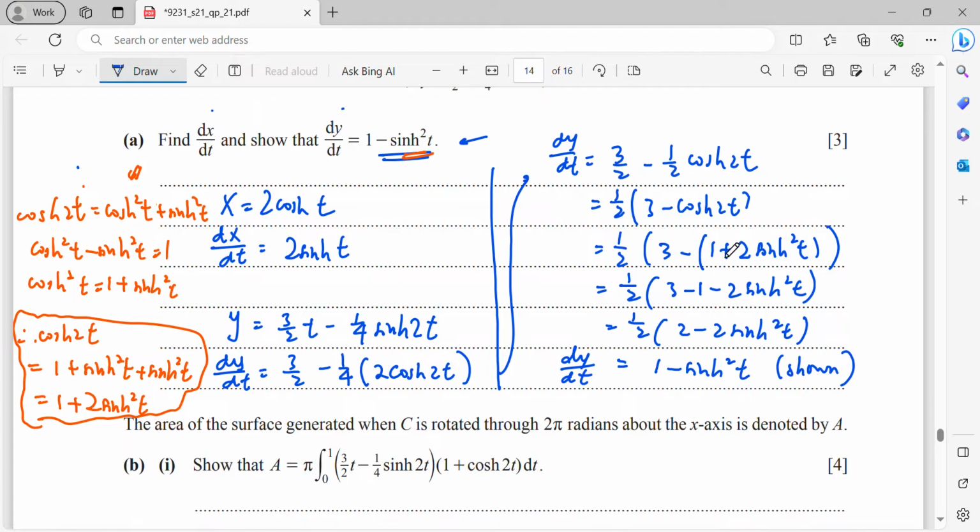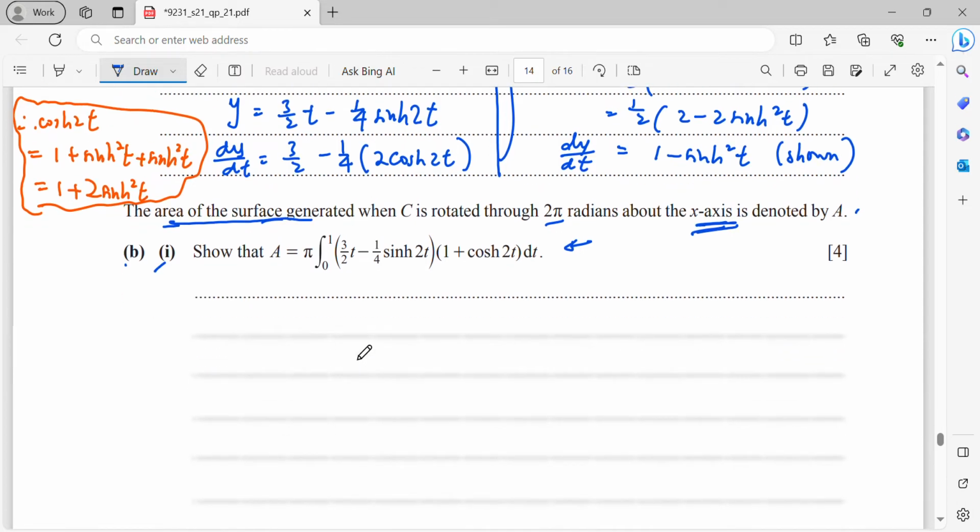Now, the next part is the area of the surface generated when C is rotated through 2 pi radians about the x-axis. The area of surface generated when rotated about the x-axis is denoted by A. For part B, first show that A equals this form.